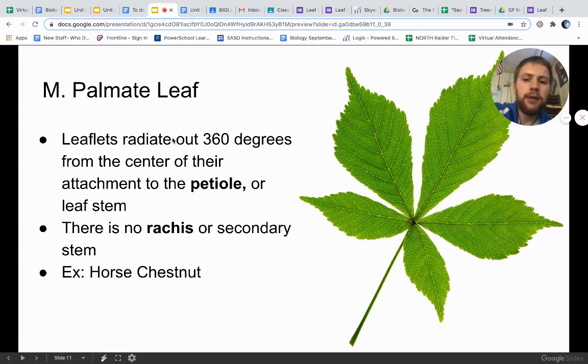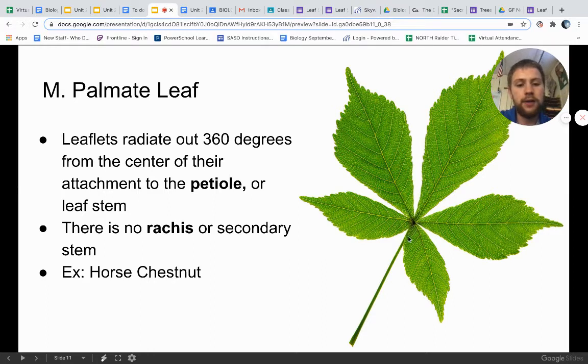So in a palmate leaf, we still have leaflets, remember, it's not just a simple leaf. They radiate out 360 degrees from a point of central attachment, from a common point of attachment. So they'd radiate out almost like the petals of a flower. So we have no rachis here.